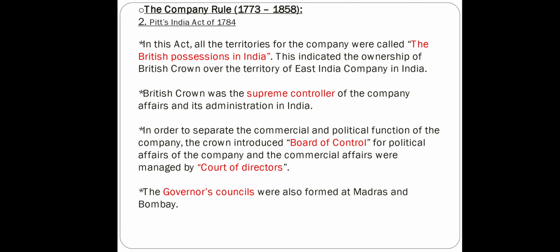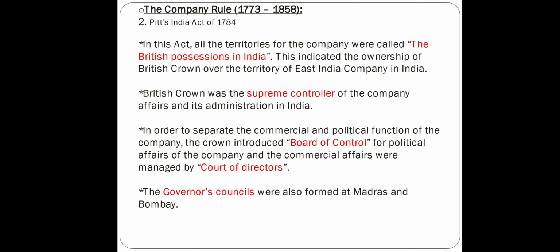As for commercial affairs, a private company came with trade in mind, to seek profit from Indian territory. So this company came with a commercial purpose, and under the Pitt's India Act this commercial purpose was controlled by the Court of Directors. Now the governors' councils were also formed.